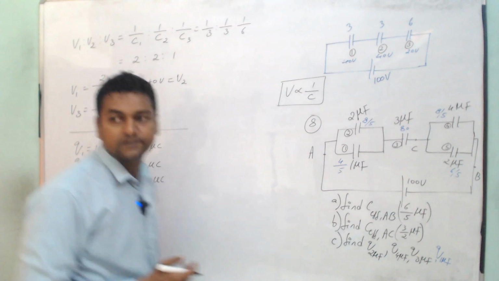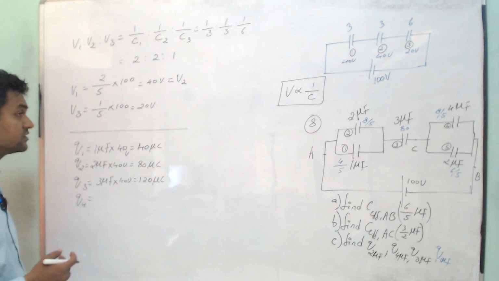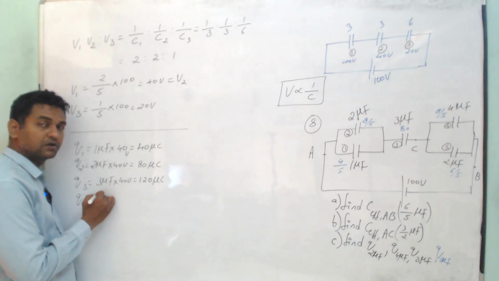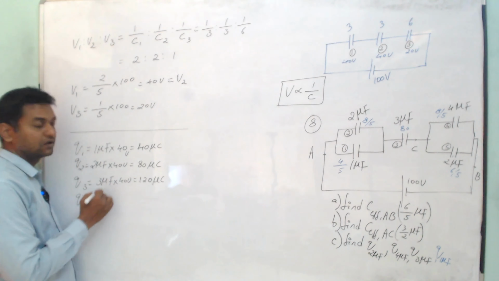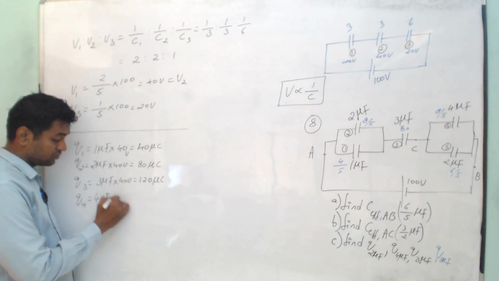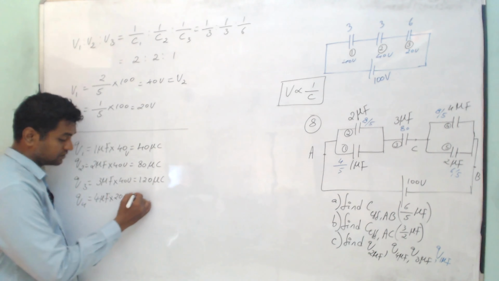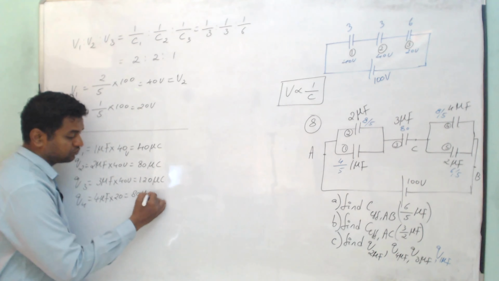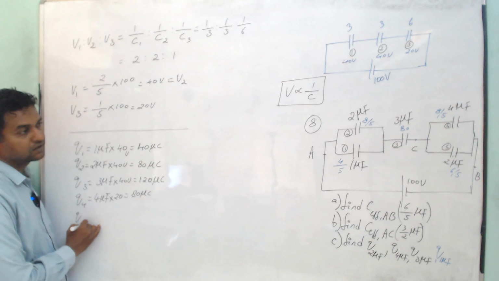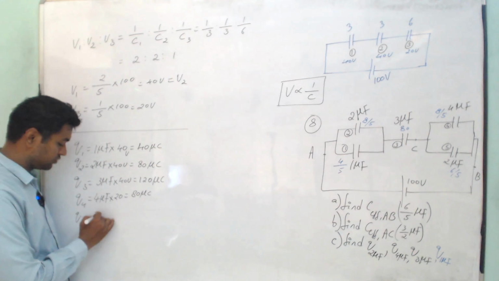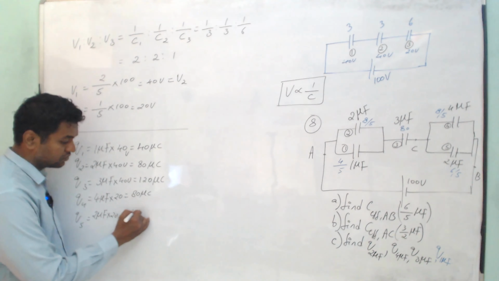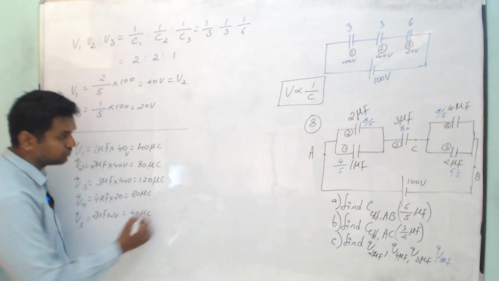So Q4 is, tell me, 4 microfarad into 20. How much is it? 80 microcoulomb. And what is Q5? 2 microfarad into 20, which is 40 microcoulomb.